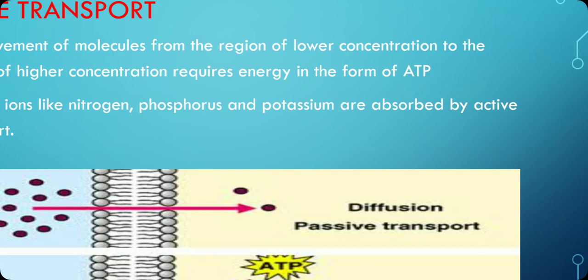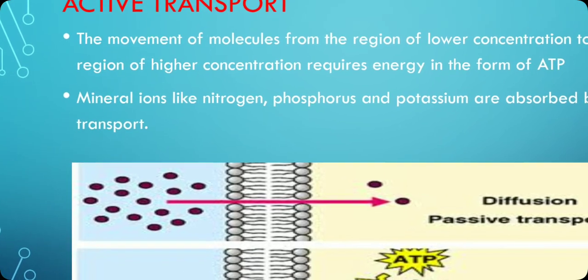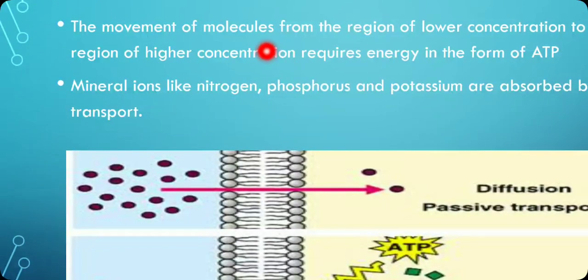The process in which mineral ions move from the region of lower concentration to the region of higher concentration by using energy. In passive transport there is no need of energy, but in active transport energy is needed, and this energy is derived from ATP molecules. Now, where are these ATP molecules present? These ATP molecules are stored in the mitochondria.